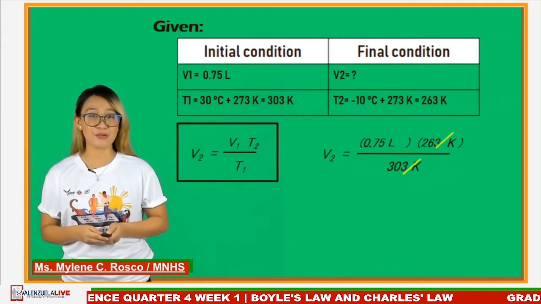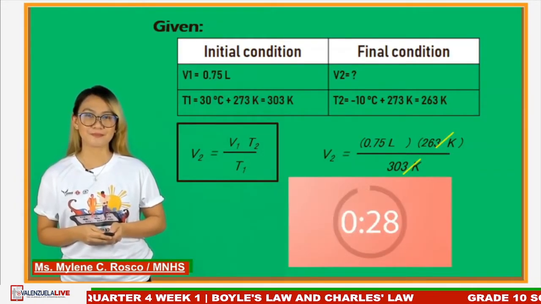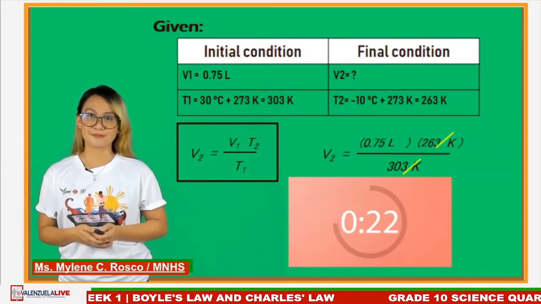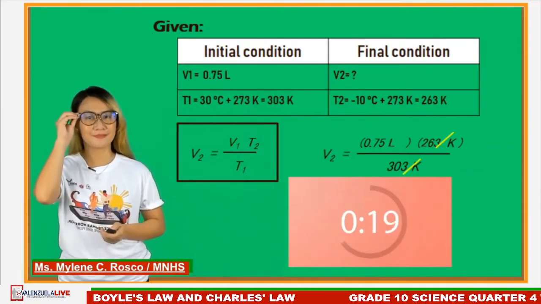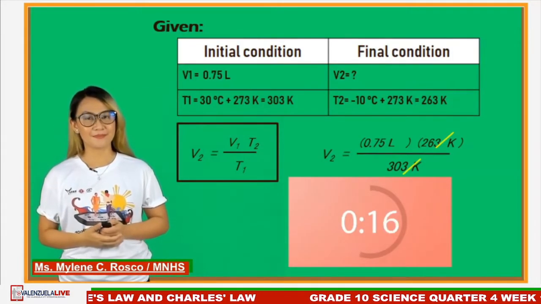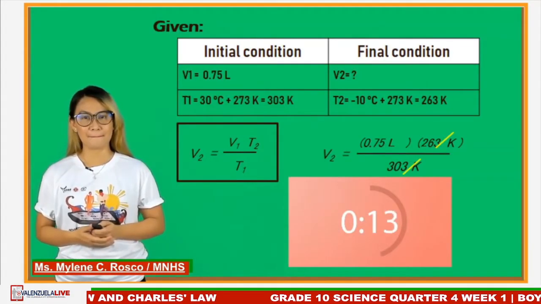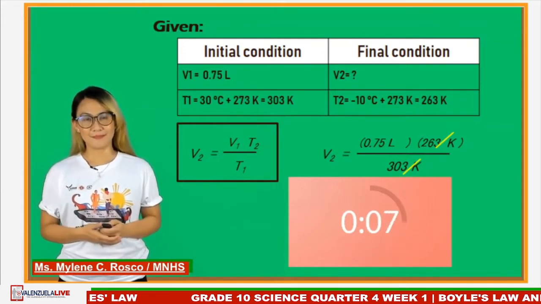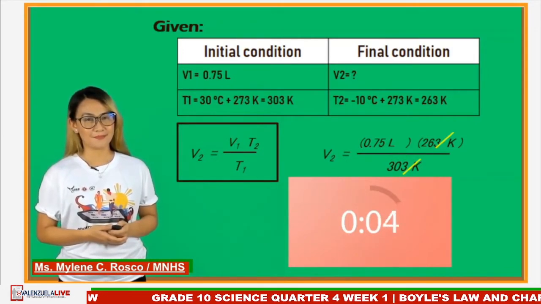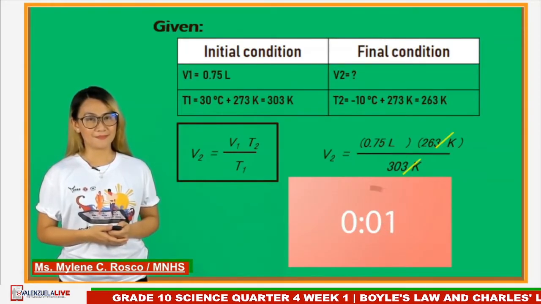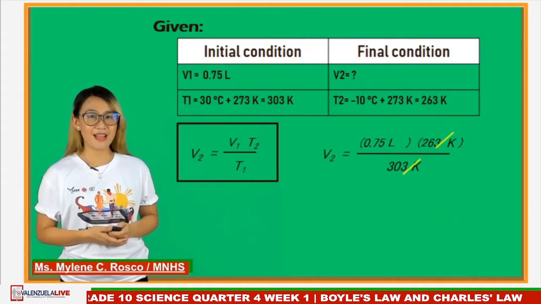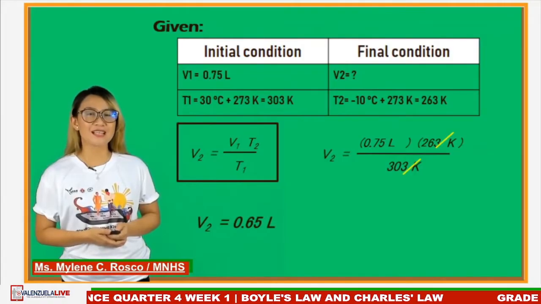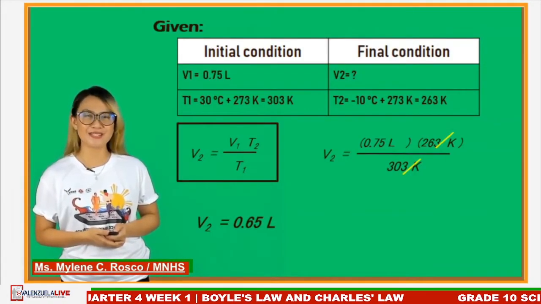I'll be giving you 30 seconds. Alright, so what is the answer? You are correct. Volume 2 is 0.65 liters.